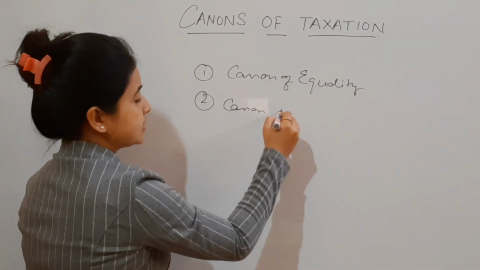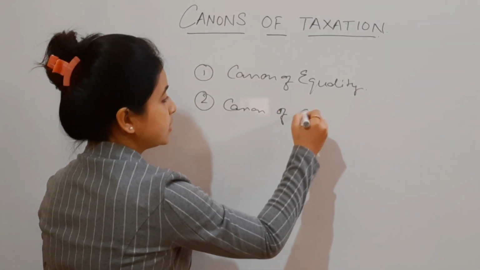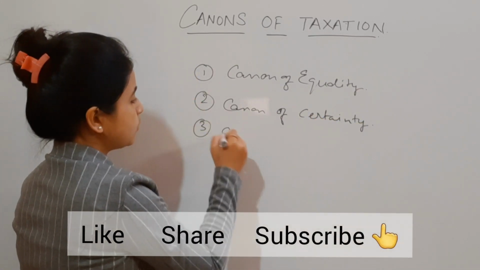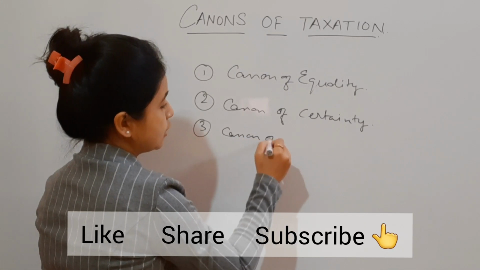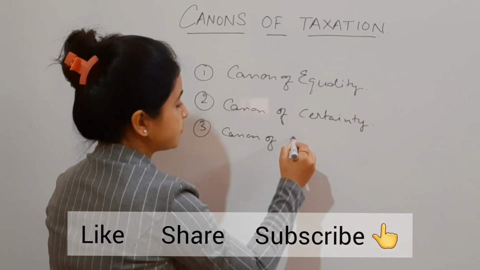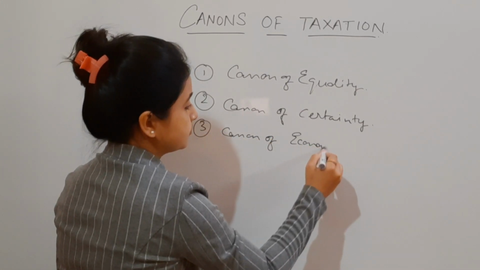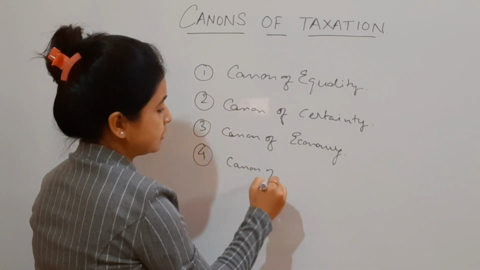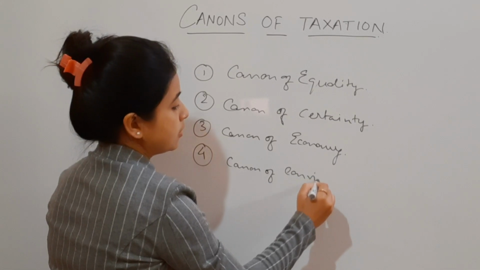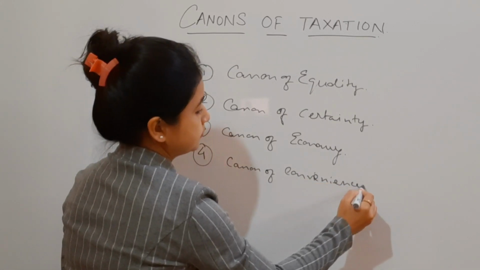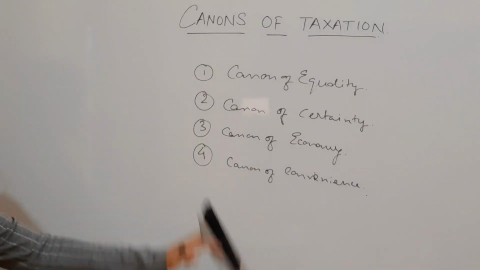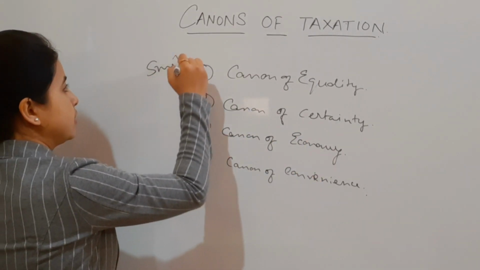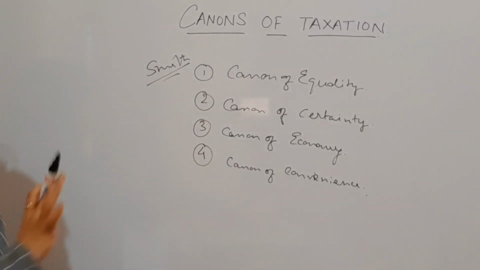Second one is the canon of certainty. Third one is the canon of economy. And fourth one is the canon of convenience. These are the 4 broad canons that have been given out by Smith.